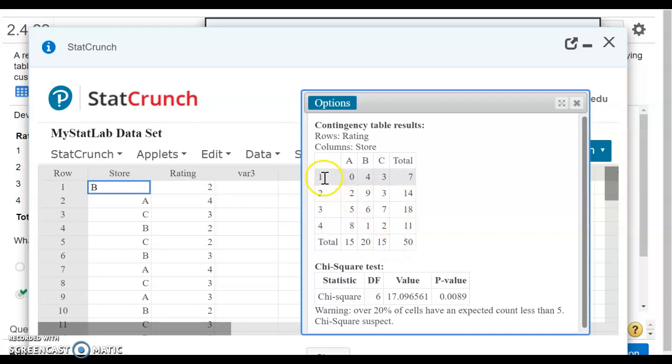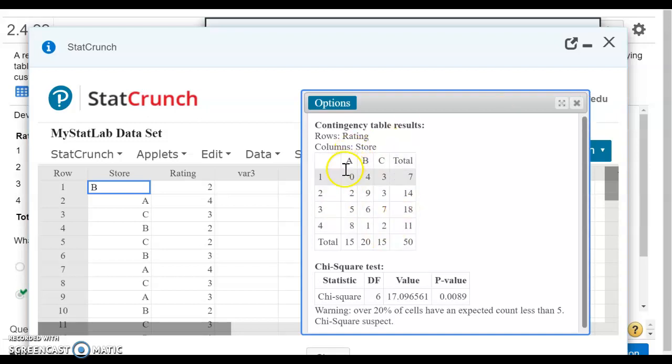Now, you could also read it across and see that there were 7 total 1 ratings given, and 14 total 2 ratings, 18 3 ratings, and 11 4 ratings. So you need to get familiar with how to read a contingency table.